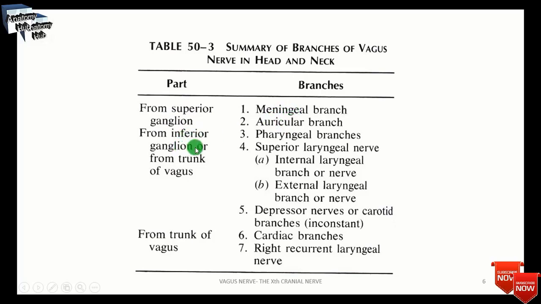From the inferior ganglion or from the trunk of the vagus, we will find the pharyngeal branches, superior laryngeal nerve that can be divided into internal laryngeal branch and the external laryngeal branch. Like that, you will find the depressor nerve or the carotid branch, which is actually inconstant.